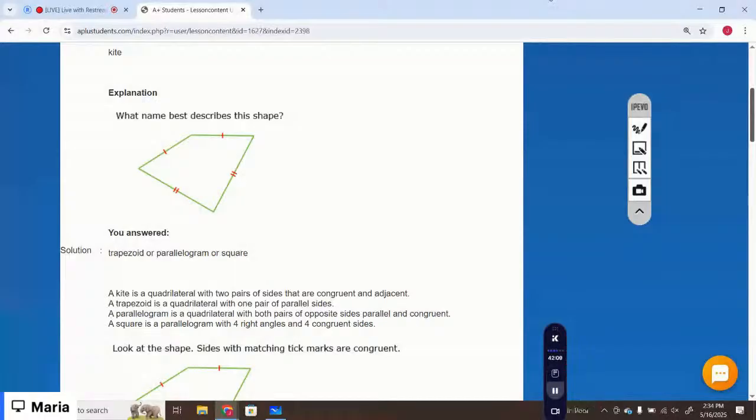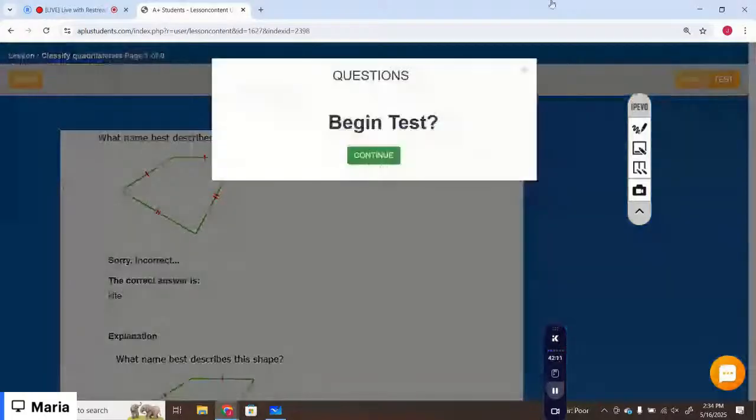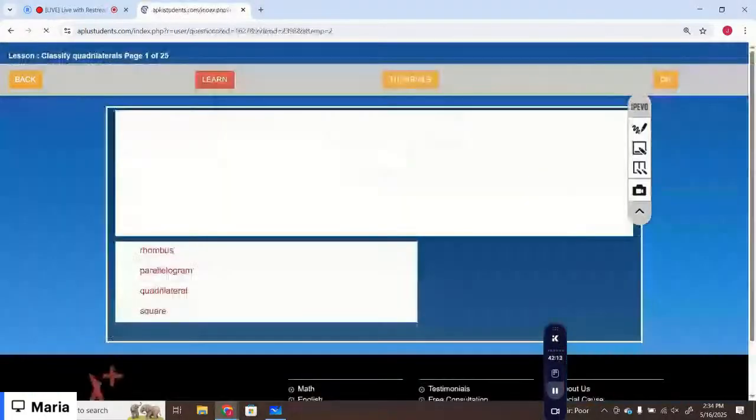Let's just start with the first question. What name best describes this shape? All four sides are congruent.